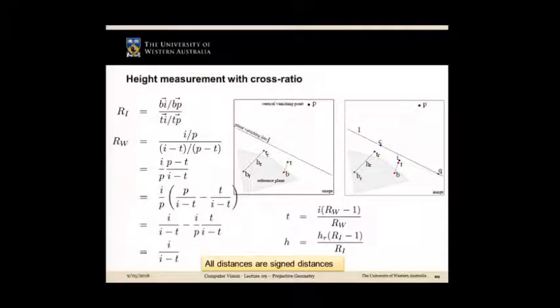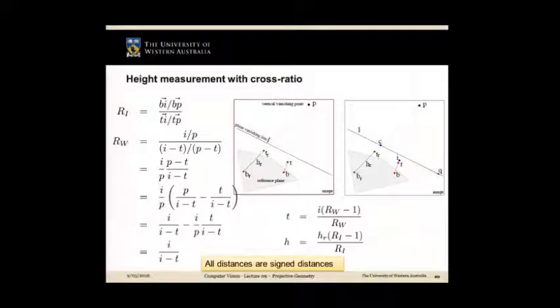Now, taking the cross ratios, BI divided by BP. Again, you already know how to calculate cross ratios, right? We take B as a reference point and calculate the cross ratio from BI to BP. Then for the second point, we take T as our reference point, and we take TI to TP as our distance.